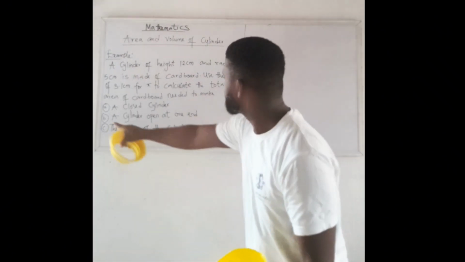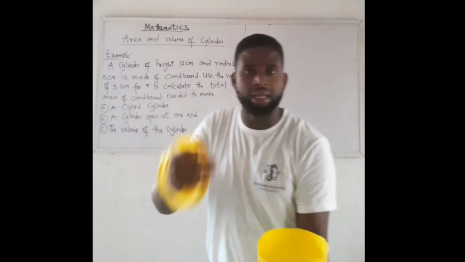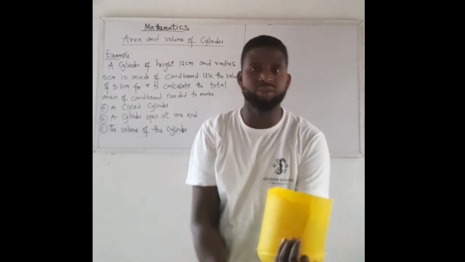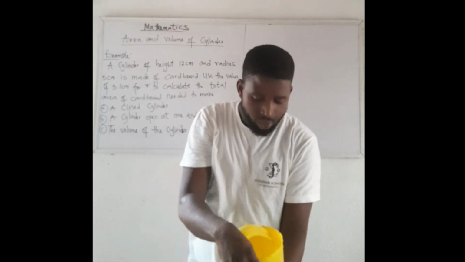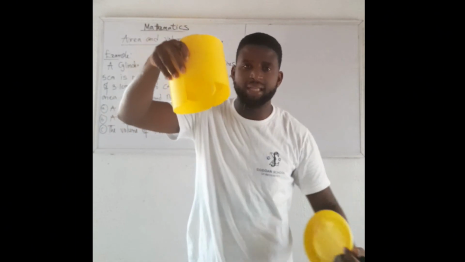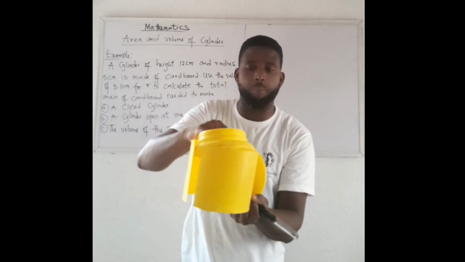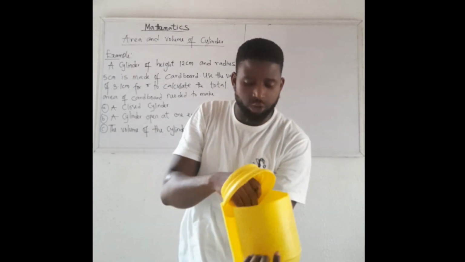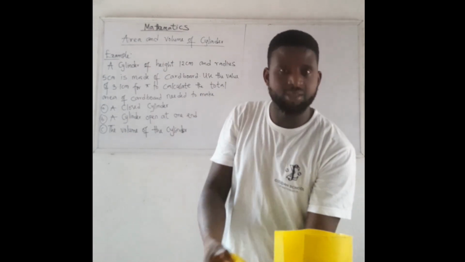Then, a cylinder open at one end is a cylinder that does not have one of the circular bases. So it's either open at the top or it's open underneath, which means it does not have a base, it is open beneath and the top is covered, or it is open at the top while the base is covered.